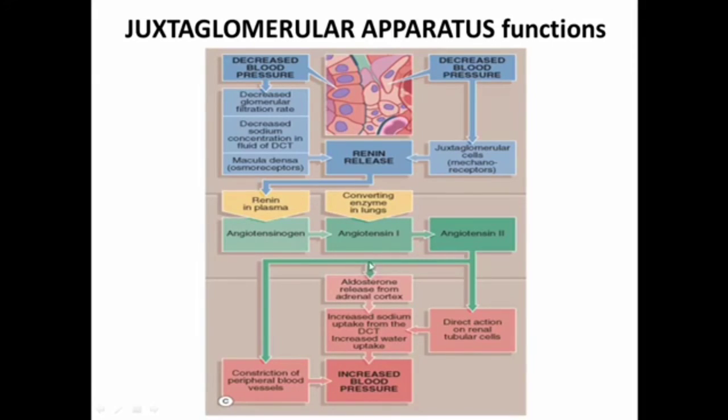And the other thing, aldosterone is released from the adrenal cortex, and it increases sodium uptake from the DCT, increases water uptake, increases blood pressure. And angiotensin 2 also has some direct action on the renal tubular cells.